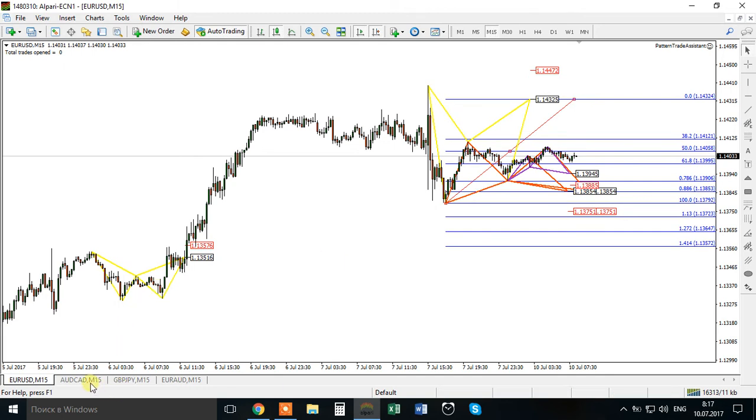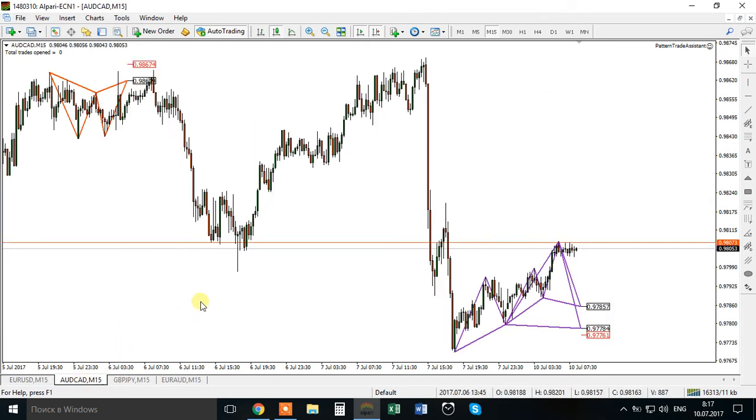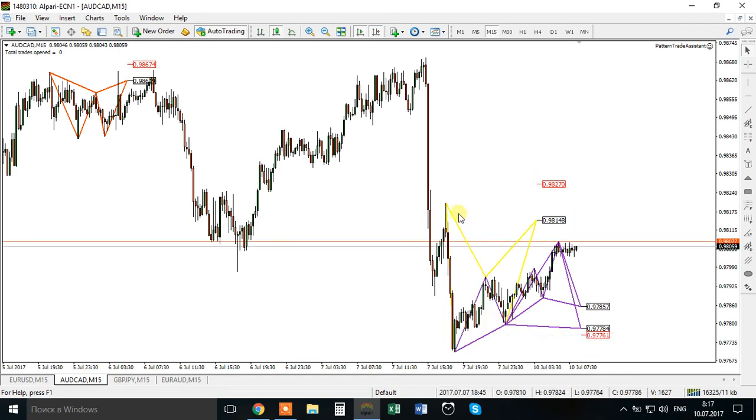Okay, my second trade that I'm looking at is Aussie Canadian. The automatic scanner doesn't find that, but it can be found by my manual scanner. I just show the swings that I'm looking at. This is the first swing, this is the second swing.